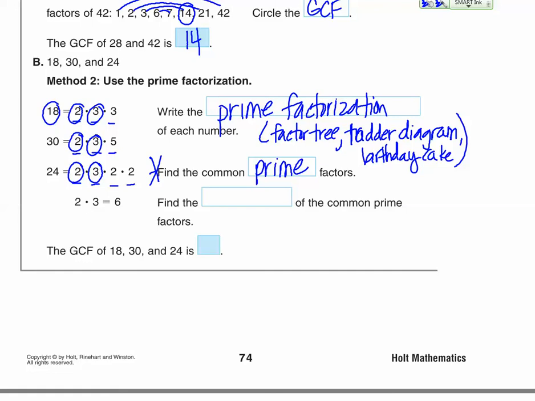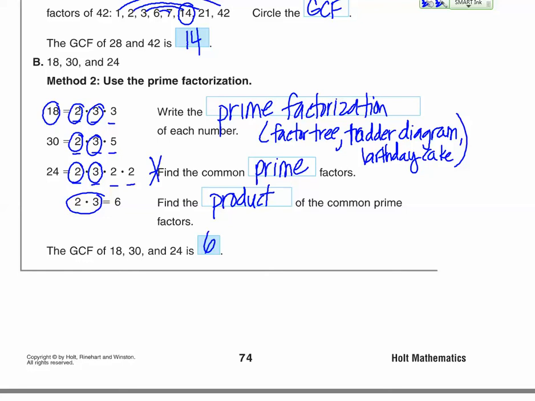They don't all have 5, so I can't circle that, and then those other ones have 2s. So we take all the ones that they have in common. They all share a 2, and they all share a 3. So what you're going to do is find the product. Remember, product means to multiply. What's the answer when you multiply 2 and 3 together? So the greatest common factor, or the biggest number that goes into 18, 30, and 24 evenly, is the number 6.